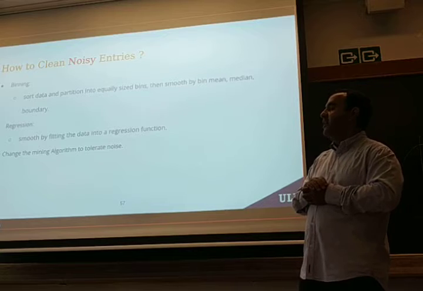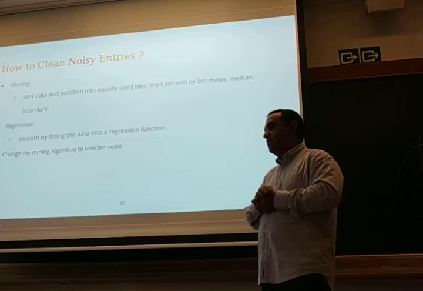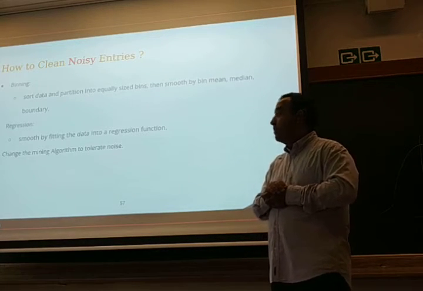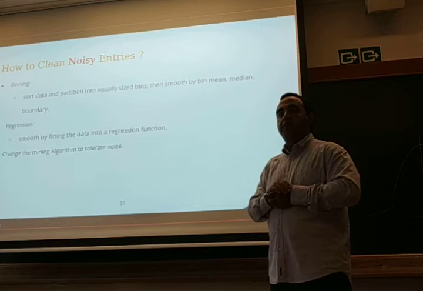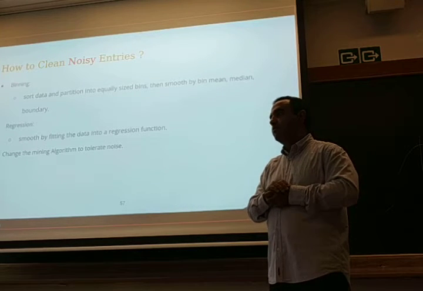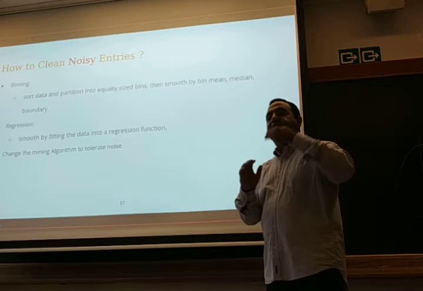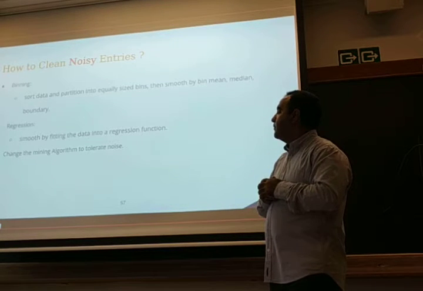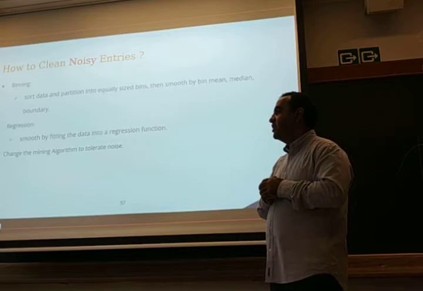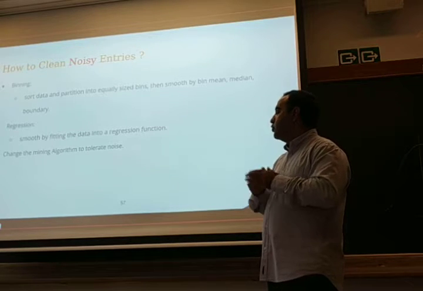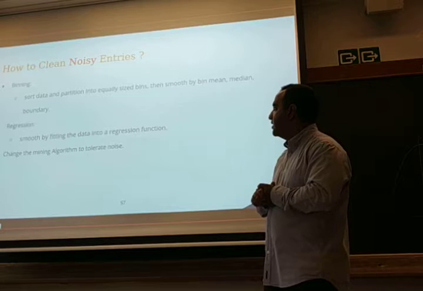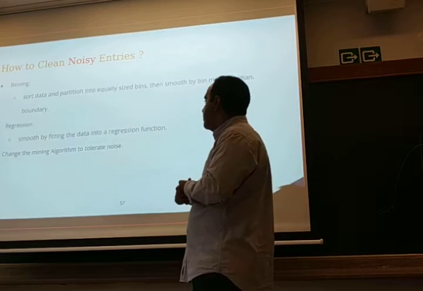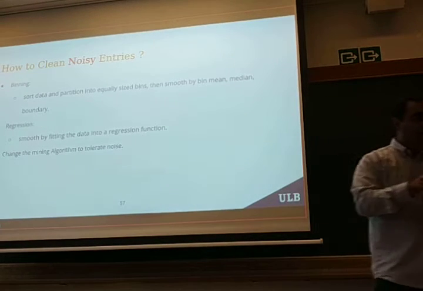So you both get smoothing, well, not smoothing, but you avoid the outliers. You clean the noise, you reduce the noise, but also you get the data categorized. You transform it to categorical.